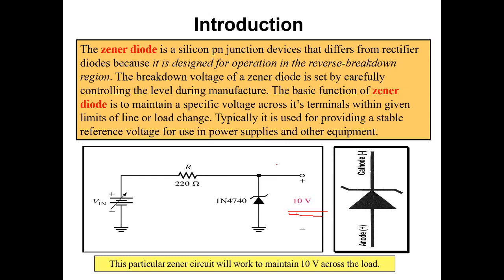If you observe the supply, this is the negative terminal and this is the positive terminal, connected to the cathode and the anode respectively. In order to make it reverse biased, we have to connect positive and negative this way. So always remember that the Zener diode will be operated in reverse bias condition in order to maintain a constant output voltage.